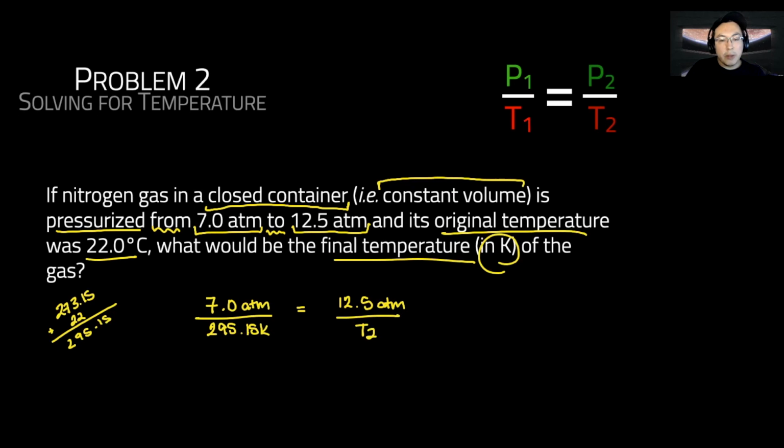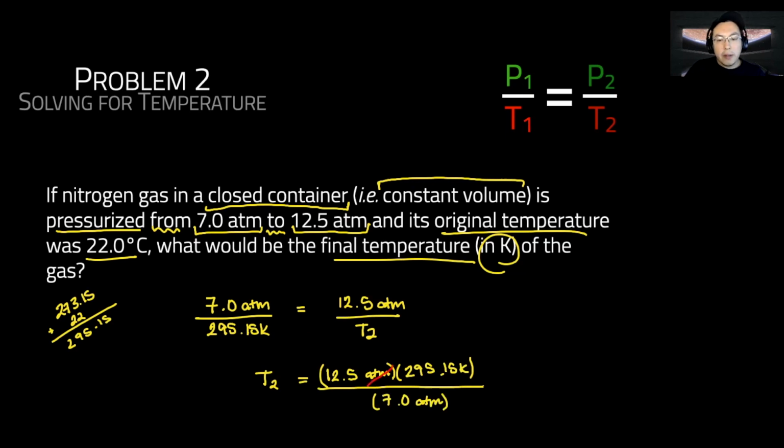So again, to solve for this, we send this one up and then we switch these two, right? So we're going to have 12.5 atmospheres, 295.15 Kelvin, and 7.0 atmospheres, right?